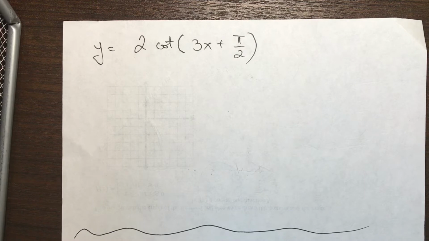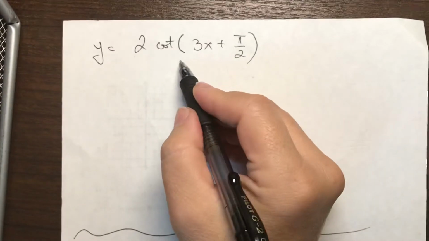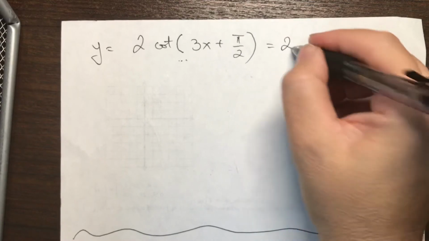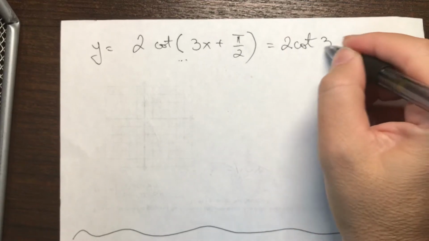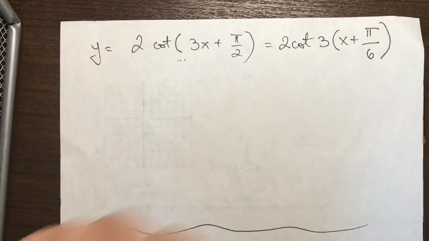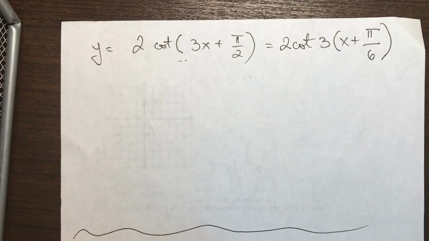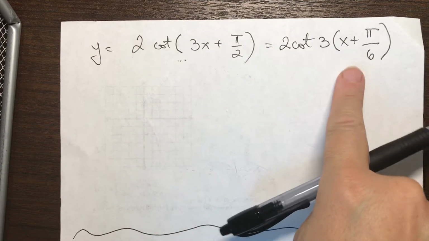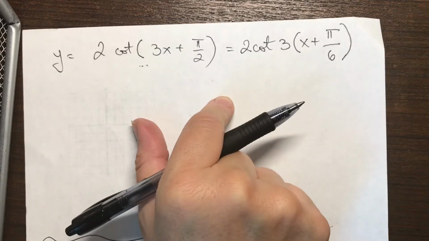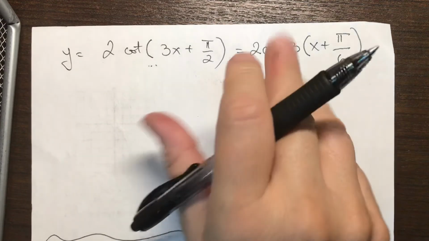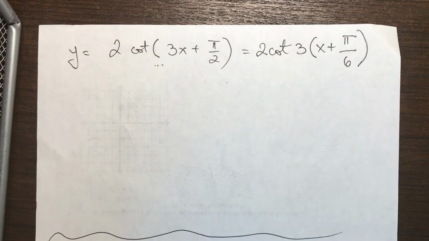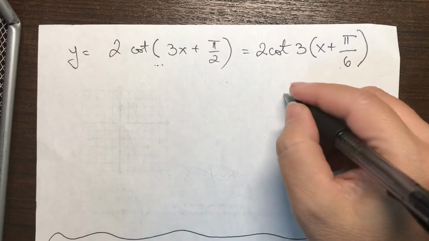So let's see about this. What am I going to do with this graph? So it's a cotangent that got multiplied by a factor of 2. If you think about this, again, going from 0 to pi and shifting it pi over 6 units left, and then cutting your period, it just gets too confusing.